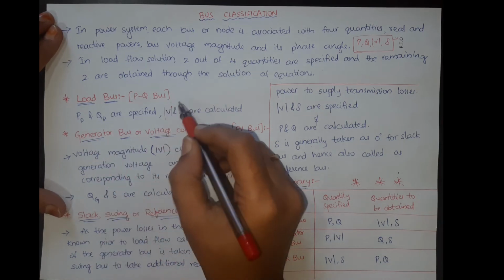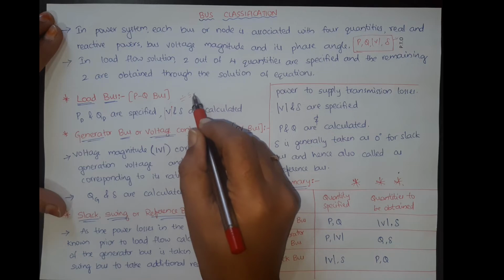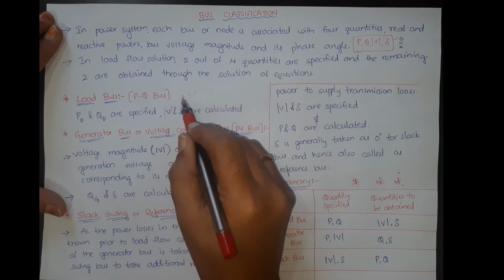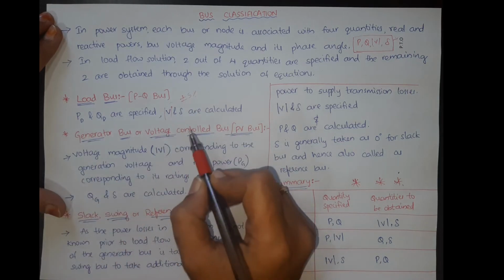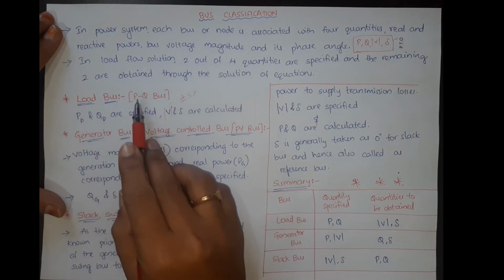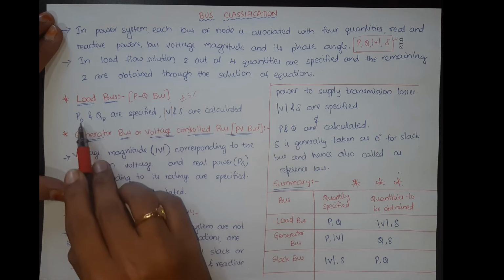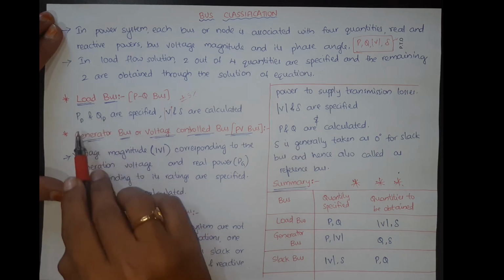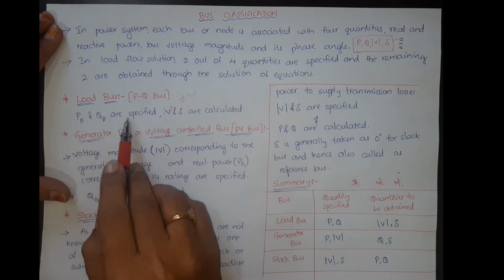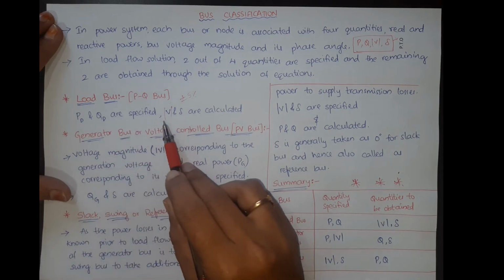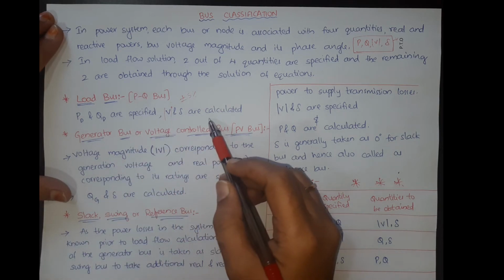So it must be varying within plus or minus 5% of the voltage limits, right? So load bus, what will be the parameters given? P and Q parameters will be specified. D corresponds to demand, right? Load, that means demand. P and Q will be specified and voltage magnitude and delta are to be calculated.